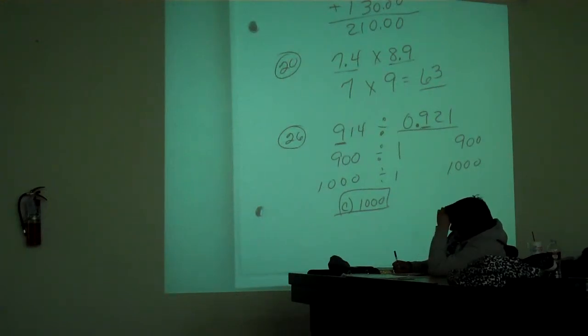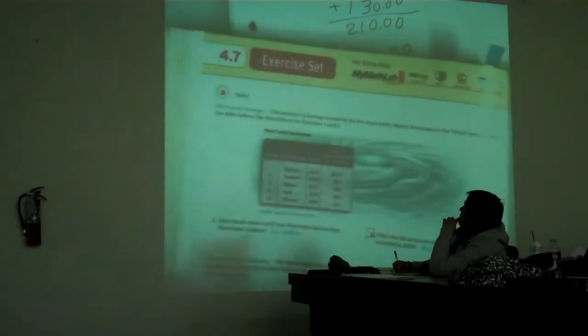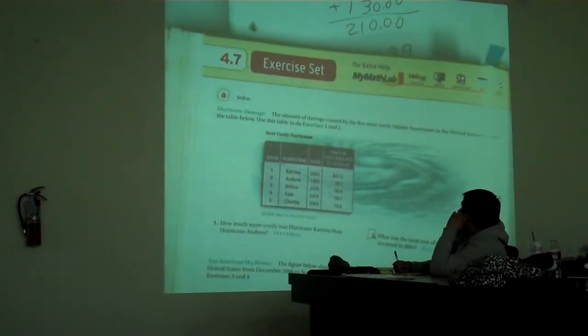Okay, 4.7 is word problems. Okay, they're word problems where you're kind of estimating, or like number 1, number 2, there's a table.